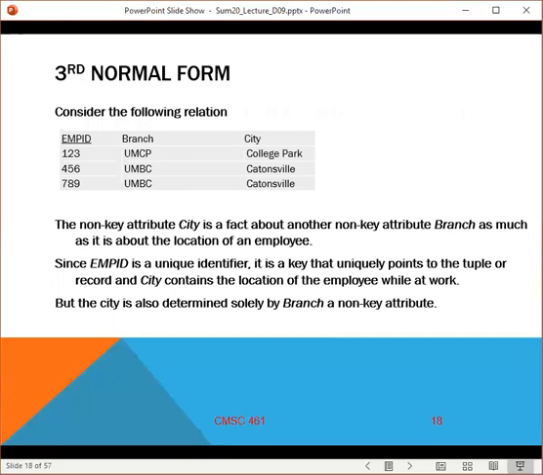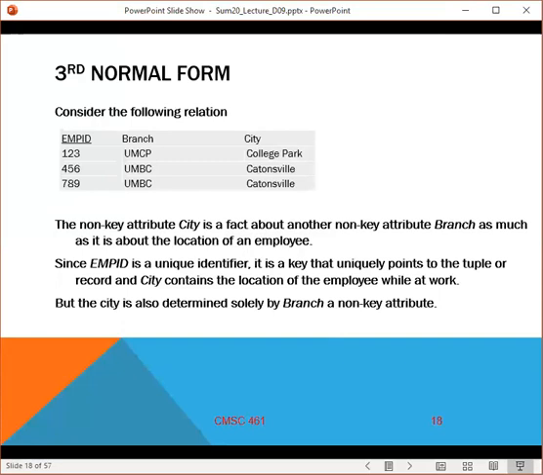So here's an example of a table that violates third normal form. We'll say that a campus is only in one city, and that seems to be a reasonable premise. So the non-key attribute city in this table is a fact about another non-key attribute branch.